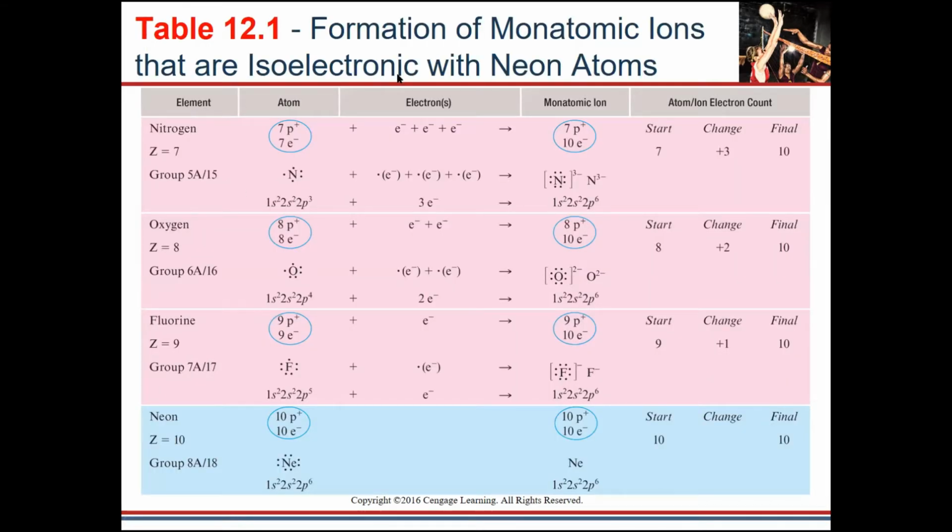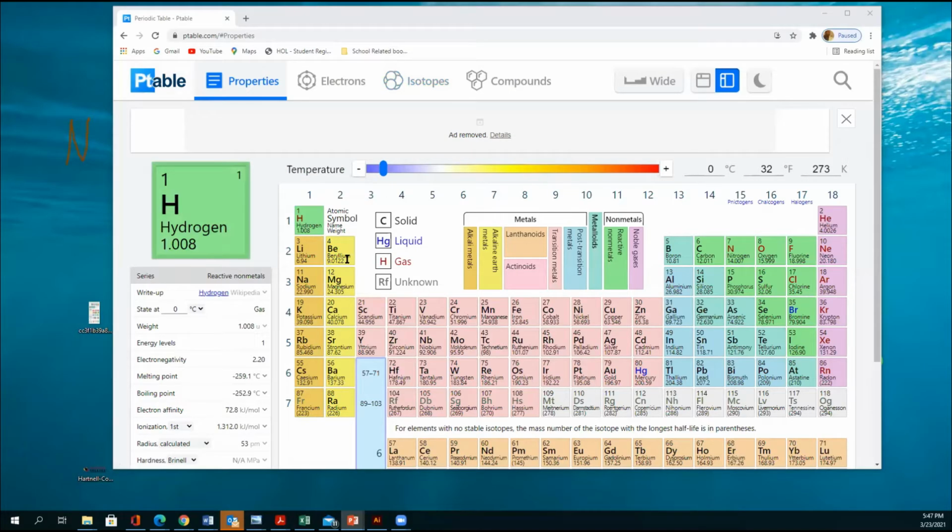If we look at our Lewis dot structure for nitrogen, how many valence electrons do we have for nitrogen? Let's see if I have my periodic table available. So we have nitrogen here. Here's 5. So we have 5 valence electrons. How do I show that using the Lewis dot structure? You're going to put five dots.